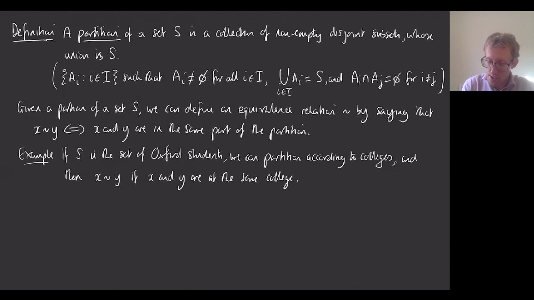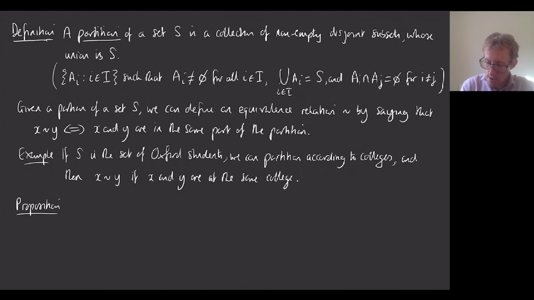Okay, one last thing I want to give you is a proposition. And that goes the other way around here, and that's to say that if we have an equivalence relation, then the equivalence classes, which I just defined, are a partition of the set.